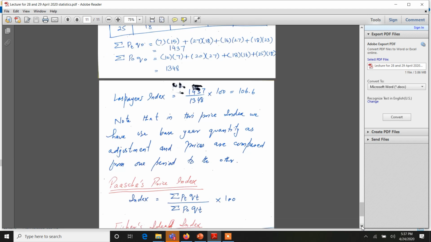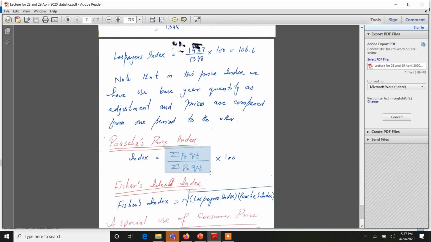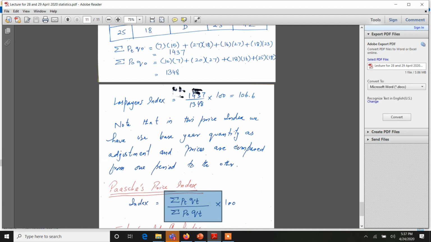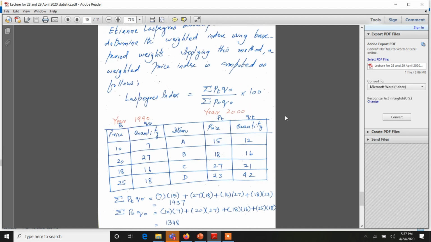Now if we apply the formula of Paasche's index, this is different. Now the quantities are taken according to the current year. If you compare these two formulas, what is the role of this Q? This is actually a weight. The products that are used more should be given more weight.